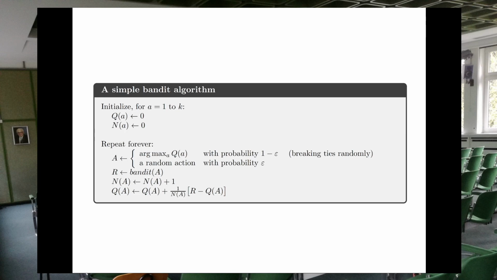So that is not very efficient. The best way is to apply this incremental rule to keep track of the average of the rewards that you get for every action. Here this is simply 1 over the number of times that you have executed action A, times the subtraction of the current reward that you get minus the current Q value that you have stored in your array for A.